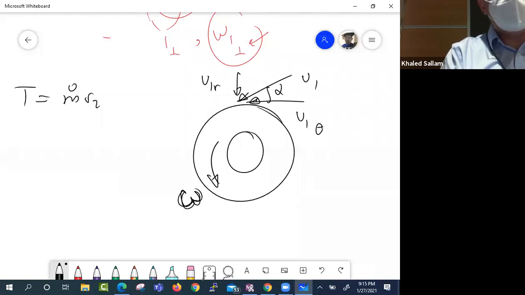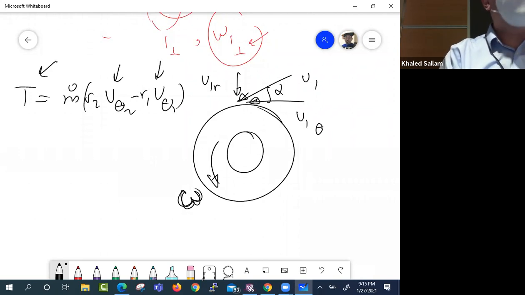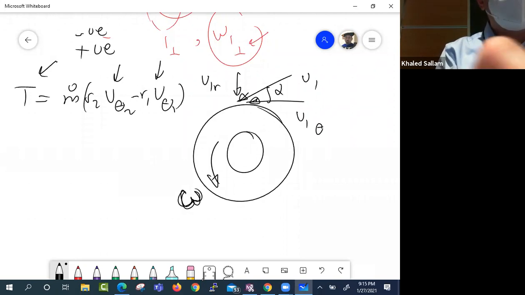When we write this equation for the torque, m dot R2 V theta 2 minus R1 V theta 1, those terms have a sign. They will be plus or minus, positive or negative. When you write V theta is 30, you have to tell yourself, is it plus 30 or minus 30?